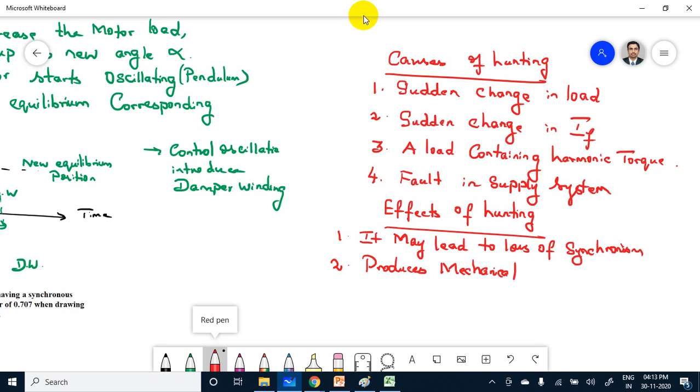It is happening in the shaft. Mechanical stress in the rotor shaft.